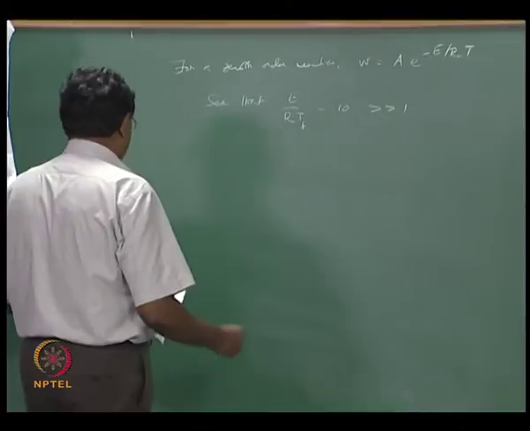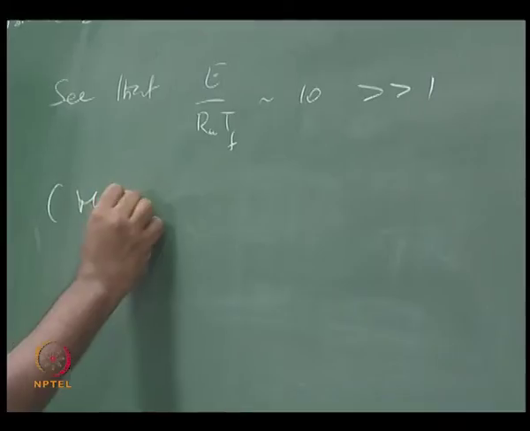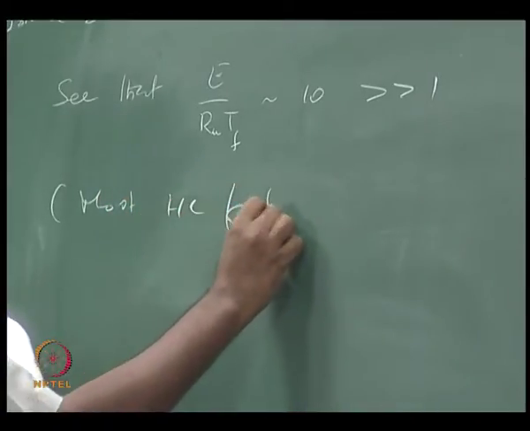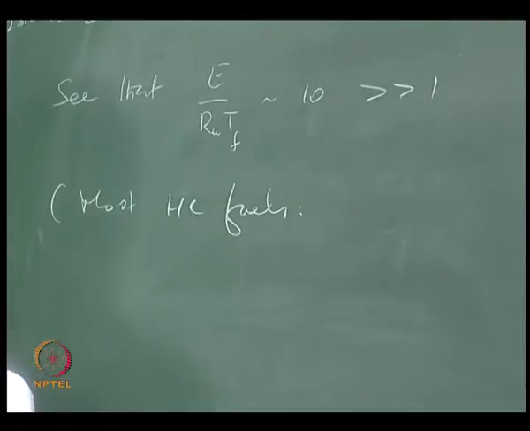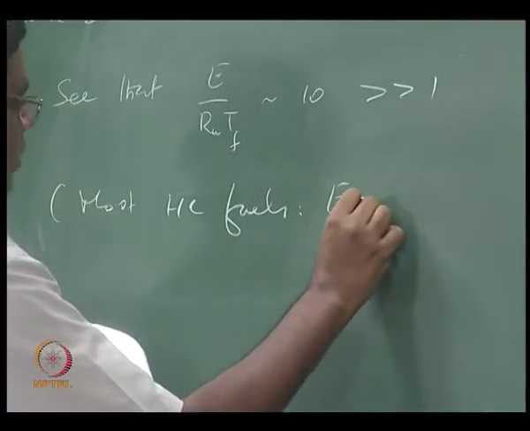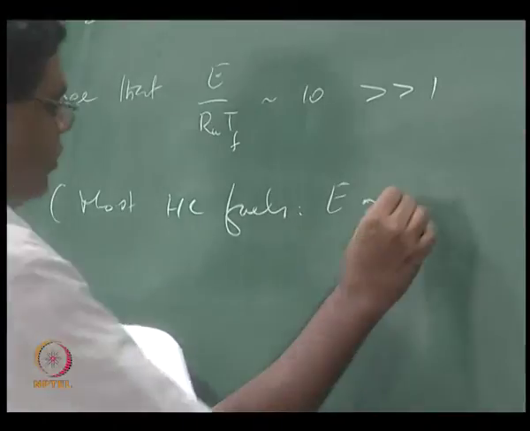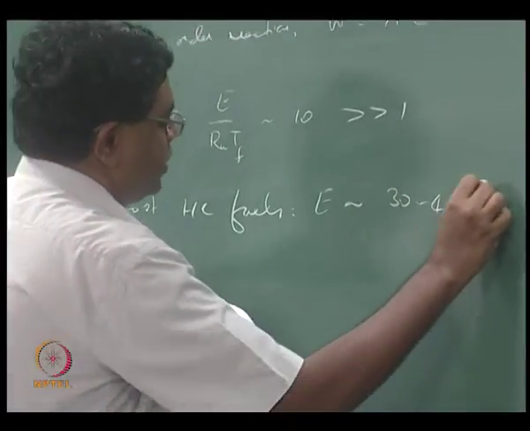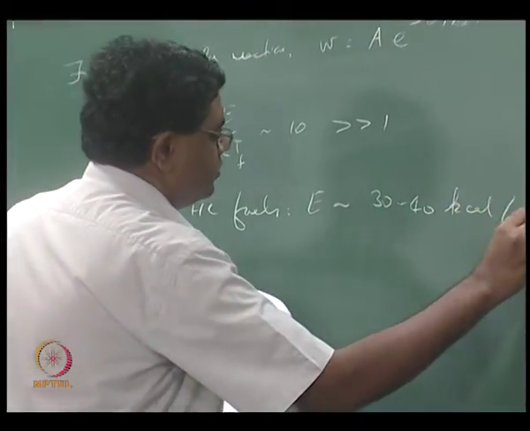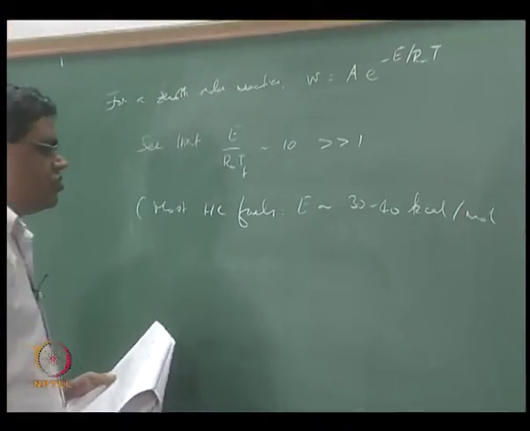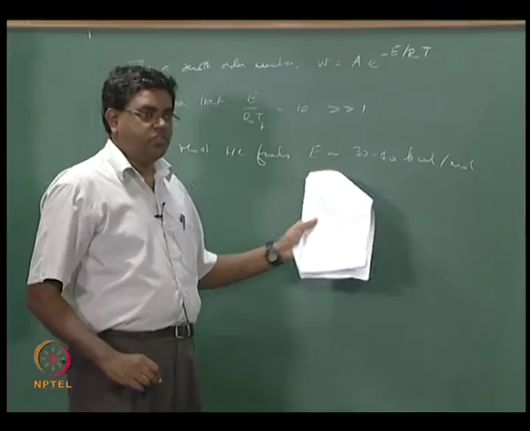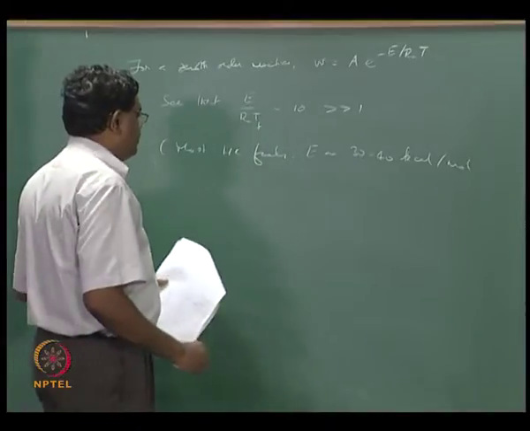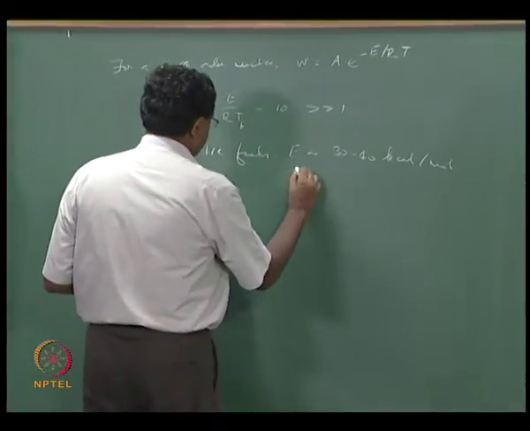Keep this in mind because for most hydrocarbon fuels you have E's of the order of 30 to 140 kilocalories per mole. That's again a mixture of units. You're not talking about joules per kg, it's calories per mole there. So you have to make that conversion.